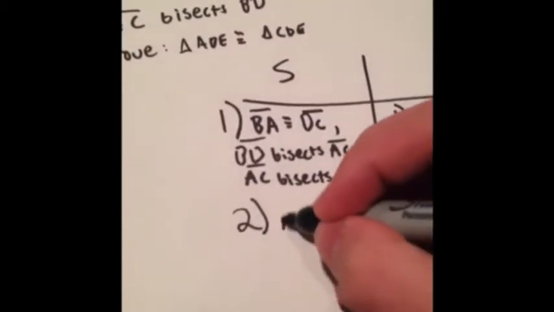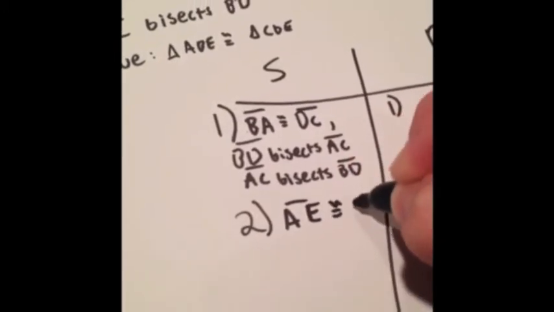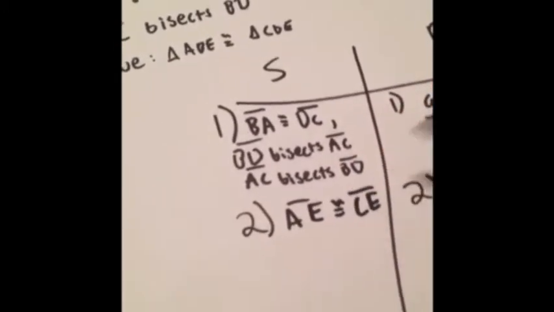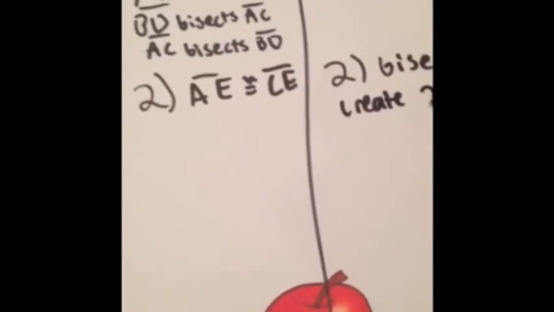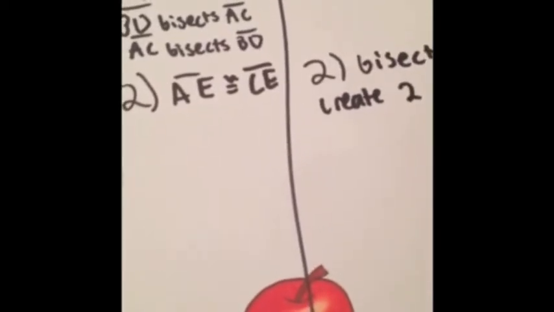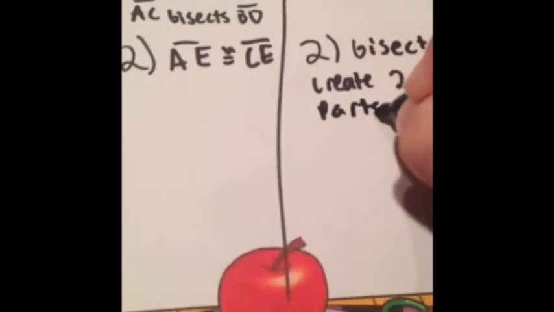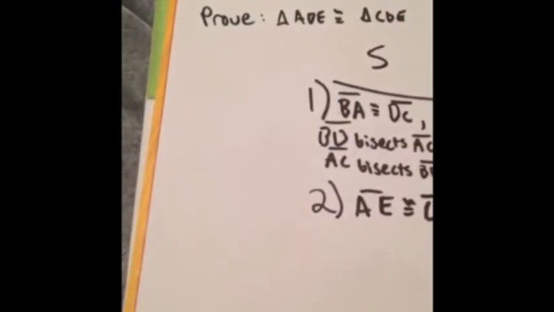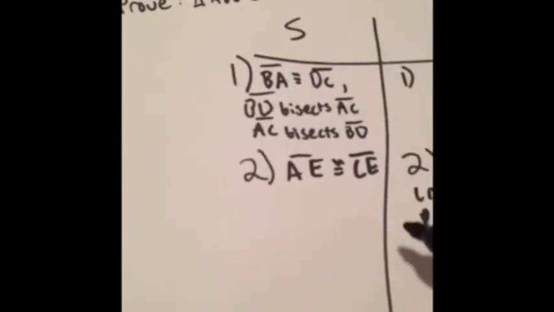So, write that down. And the reasoning would be bisectors create two congruent parts. And the next one, AC bisects BD, you can put that under the same reasoning.